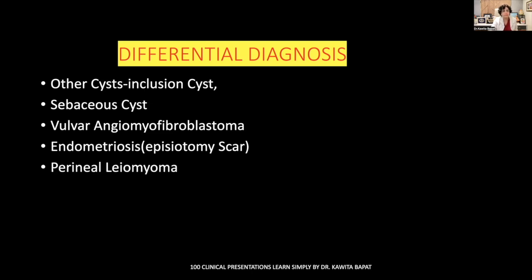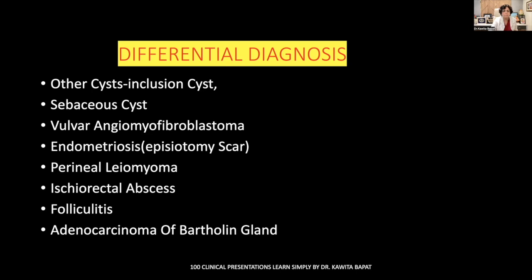Very unusually, a perineal leiomyoma or fibroid, and an ischiorectal abscess. We should differentiate these. Folliculitis is not in the list, but the Gartner cyst is also one we keep in mind. And very rarely, adenocarcinoma of the Bartholin gland.